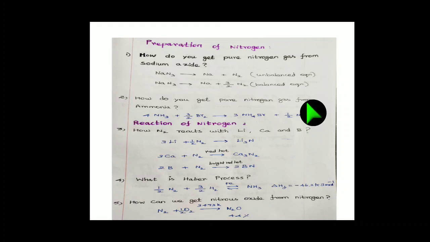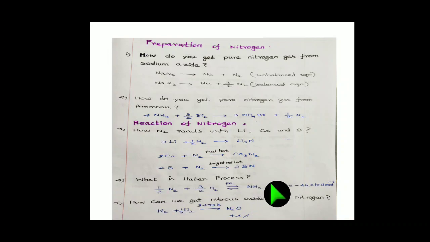The fourth question: what is the Haber process? It's a very important question, in which we can prepare ammonia. The delta H of formation value is minus 46.2 kilojoule per mole, that much energy is released. Iron acts as a catalyst.